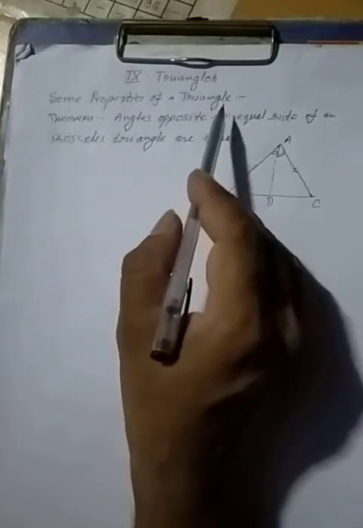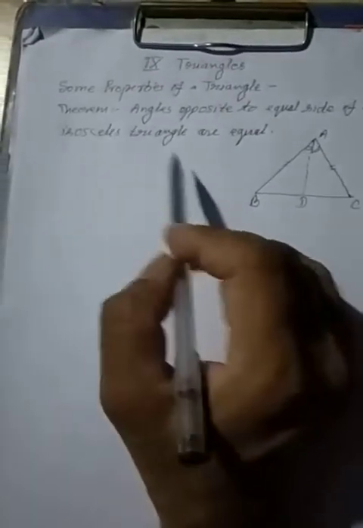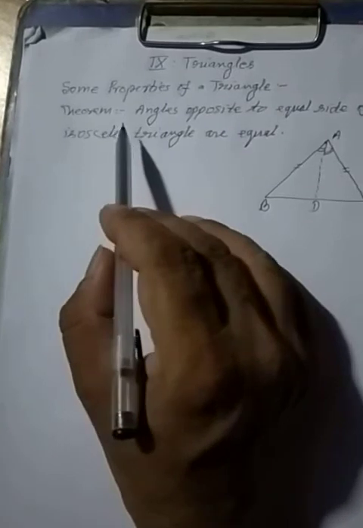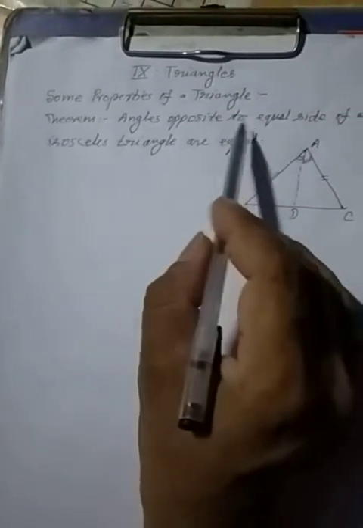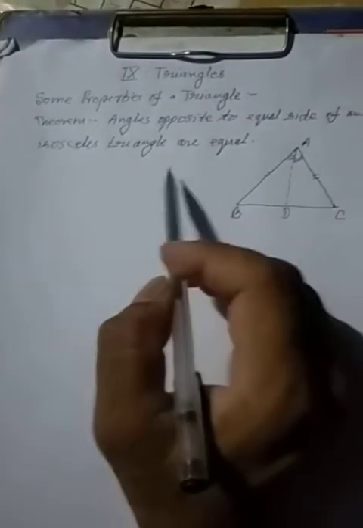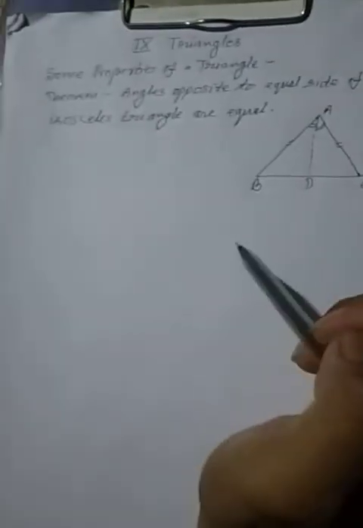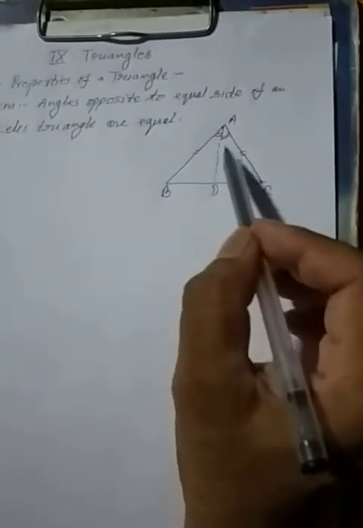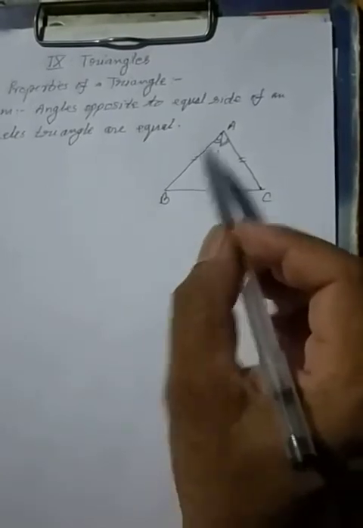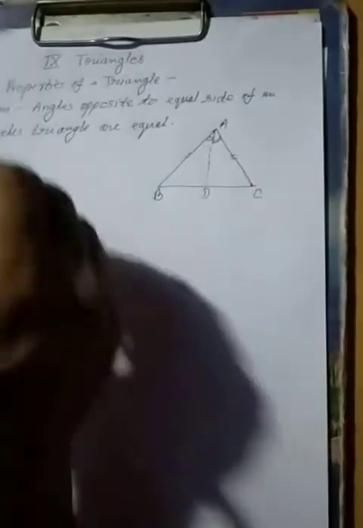Properties of triangles, in which the first is the theorem which says that angles opposite to equal sides of an isosceles triangle are equal. So let us consider a triangle ABC, which is an isosceles triangle in which AB is equal to AC.